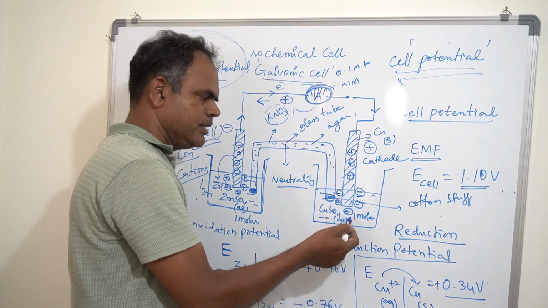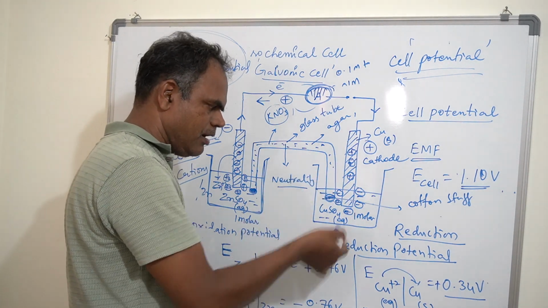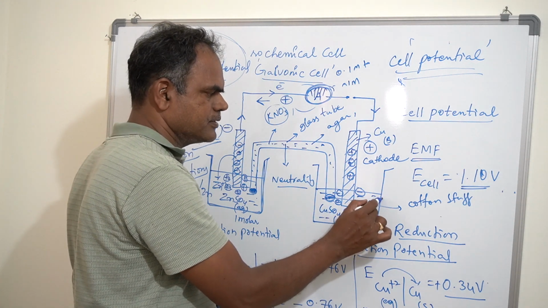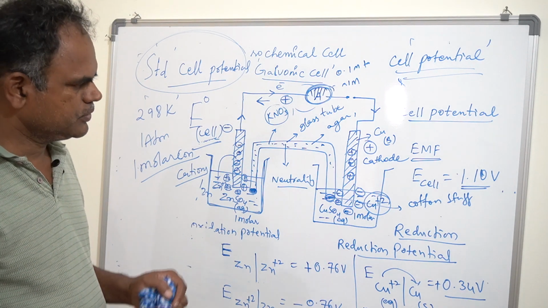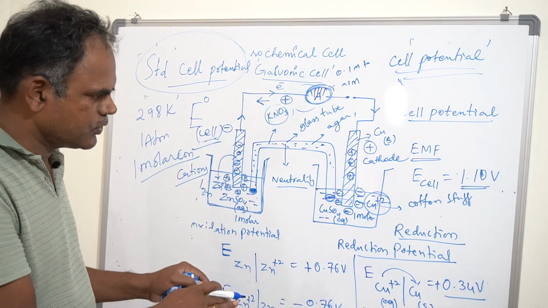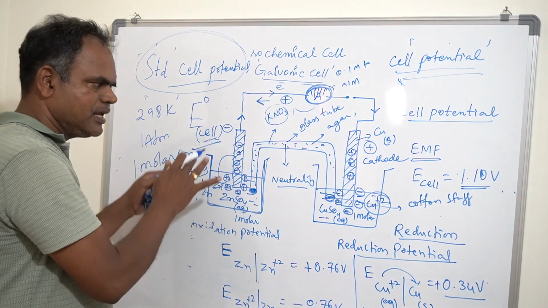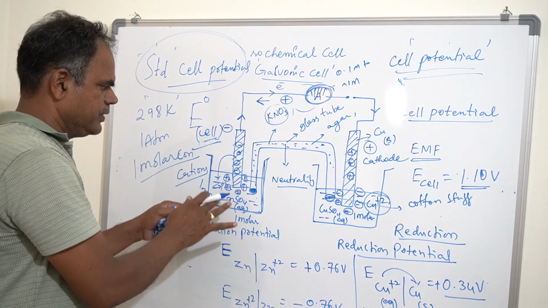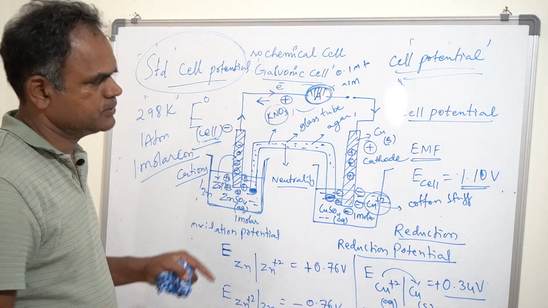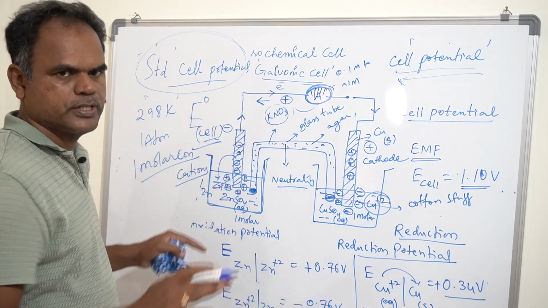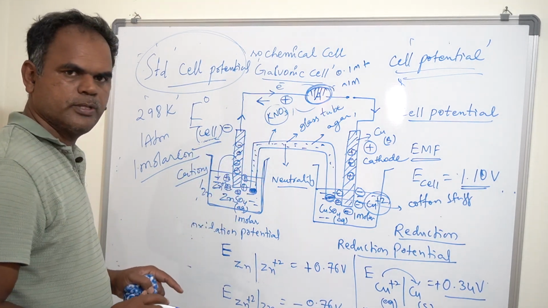And in the other half cell, cupric ions decrease, that means the number of cupric ions falls. When this happens, the cell potential doesn't work, meaning the ammeter doesn't show the reading. So in this case, the salt bridge comes into play.